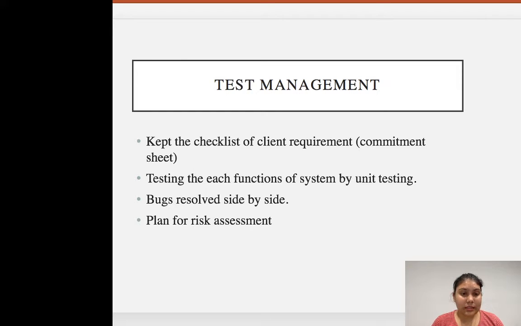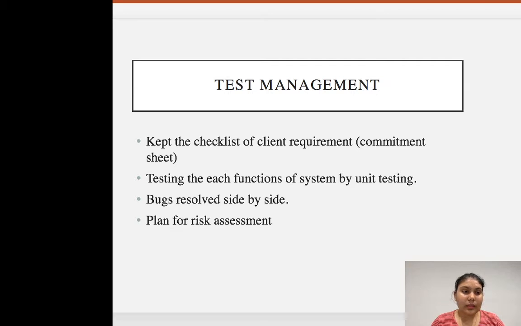Unit testing has been performed on each function so that each individual function is working. When we combine different modules, we perform integration testing, so all of those functions need to be in a working state. We have managed all those tests.